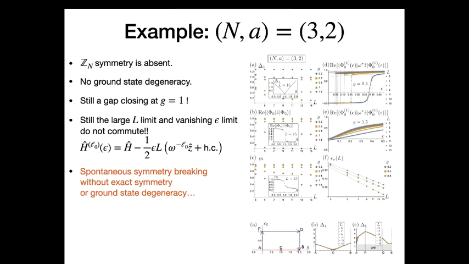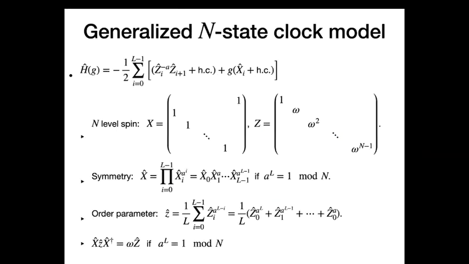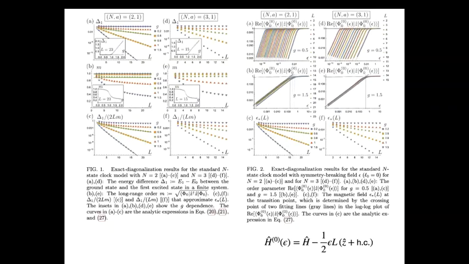Since the gap closes at precisely G equals 1, is there a duality between G and 1 over G? Yeah, there's a duality, like the usual Ising model. In the usual Ising case, when G is smaller than 1, you have a degenerate ground state, so the excitation gap is 0. The difference between the first excited state and the ground state is 0 in the usual Ising model.